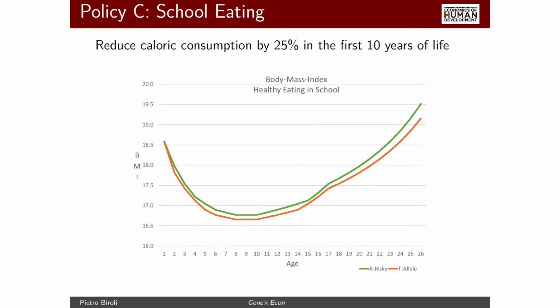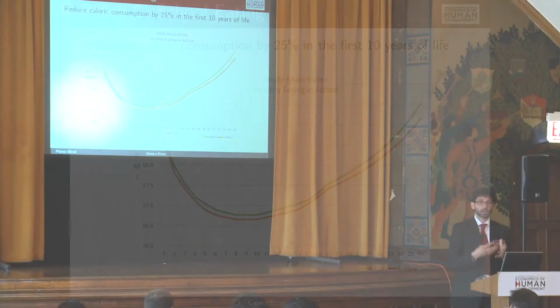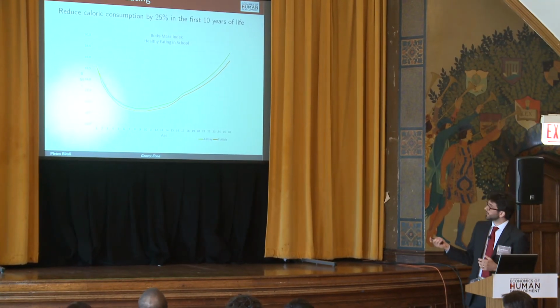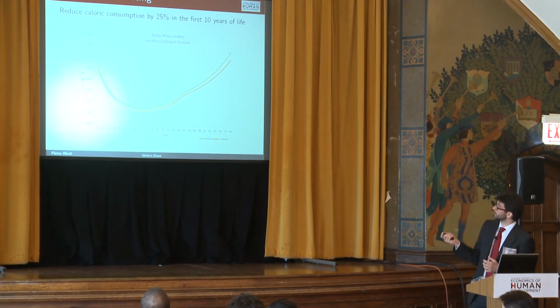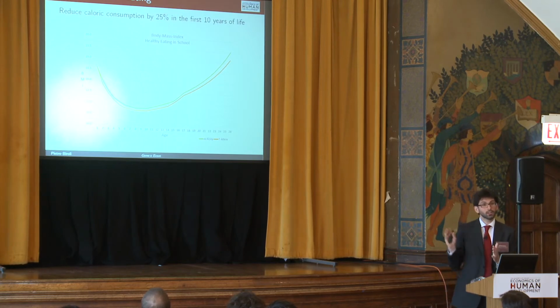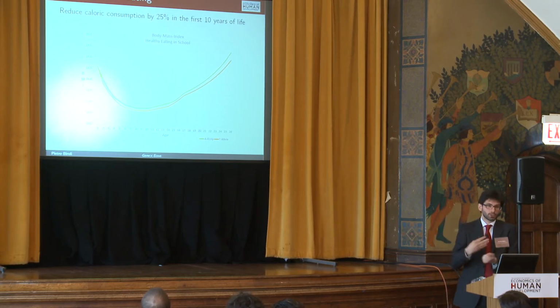A lot of schools have been talking about making better food available to their children and allowing the food that is available in the canteen to be more healthy. We can model this by considering a 25% reduction of caloric intake only in the first 10 years of life, so when children are actually in school.